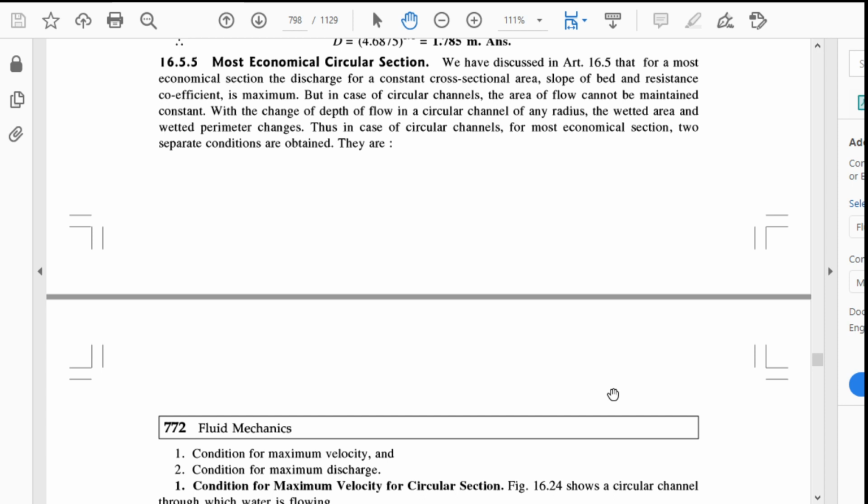Okay, so as the area is changing, the wetted area and wetted perimeter also changed. The depth will be changing, so the area and perimeter are also changing. Therefore, in the case of a circular channel, for the most economical section, two conditions occur.